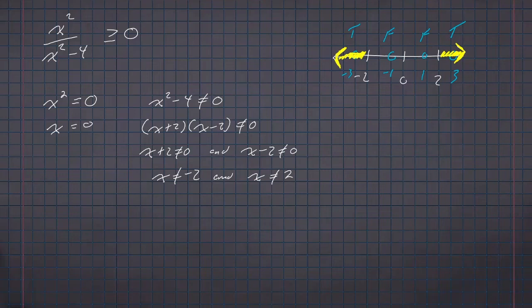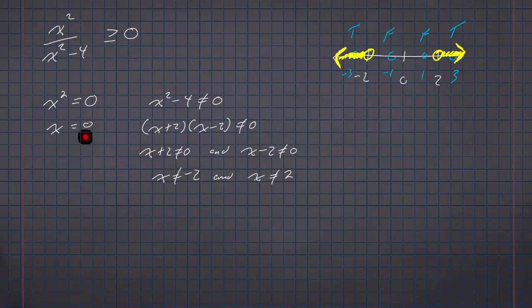And we want to think about our endpoints, because x equals negative 2 and x equals positive 2 are not solutions to the inequality. They're places where the left-hand side is undefined. So those are things that we want to put an open circle on and not include.